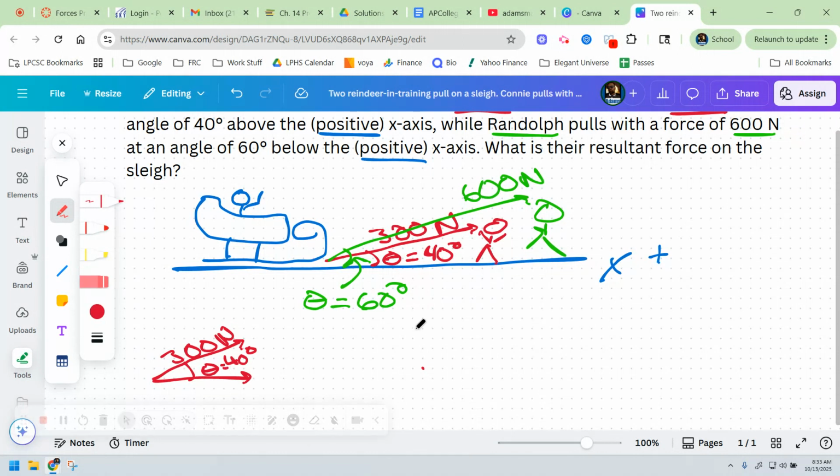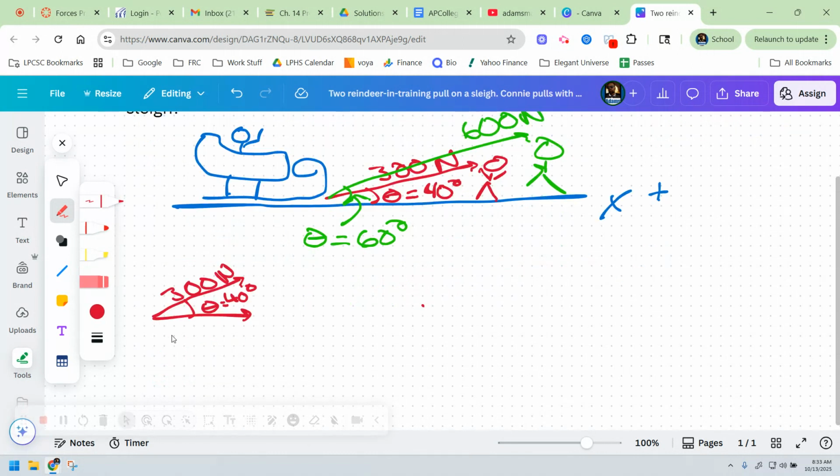Now, to calculate the x component of that vector, I would just say that the force in the x direction is equal to the actual force that she's pulling, the resultant vector, which is 300, times cosine of 40 degrees. Okay, so that's what Connie's pulling.